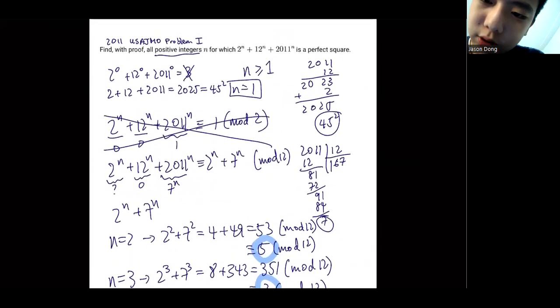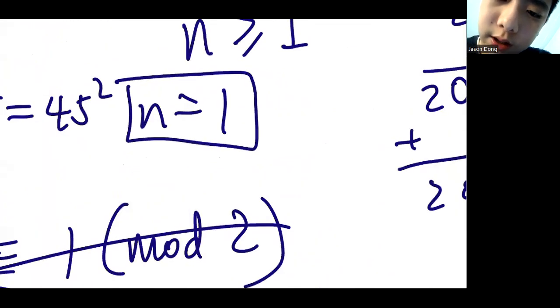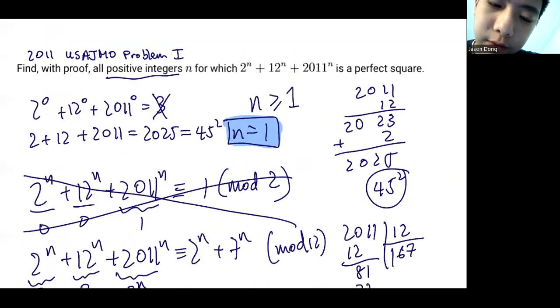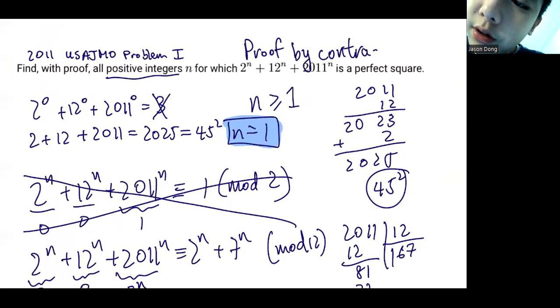So the only possible answer is when n is equal to 1. So find all positive integers n for which 2^n plus 12^n plus 2011^n is a perfect square. So we can safely assume that we're using a proof by contradiction.